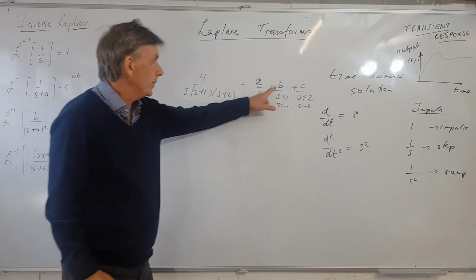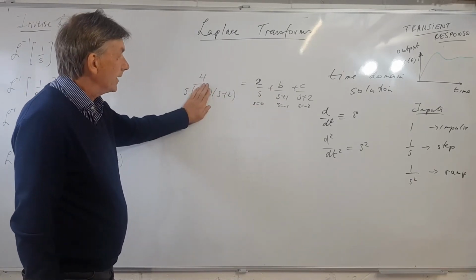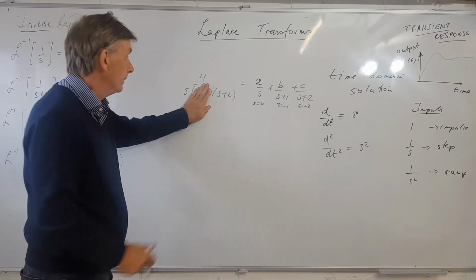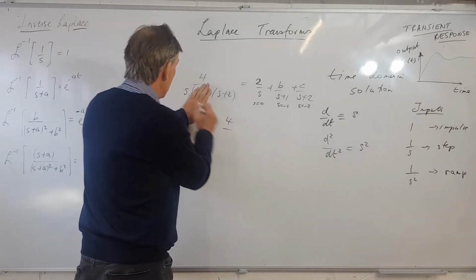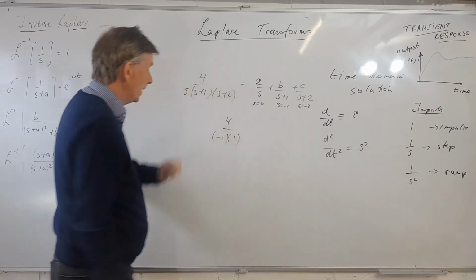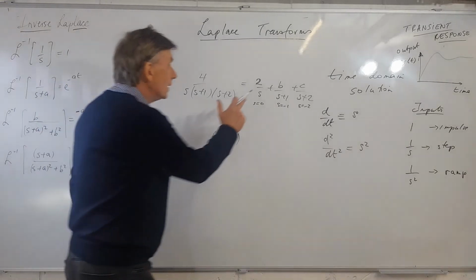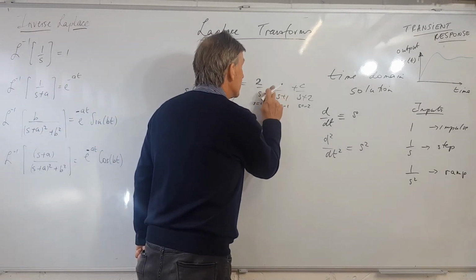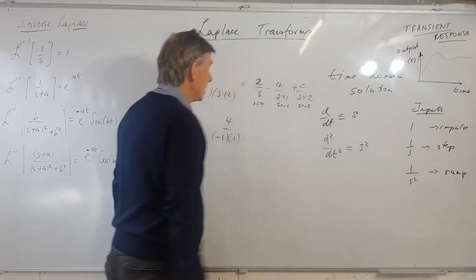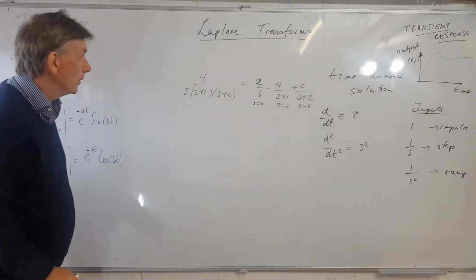To get the b, we cover up the s plus 1, so cover that one up, and now put s as minus 1 in here. So I get 4 over minus 1, then minus 1 and 2 is 1, so that comes out as minus 4. So that's quite nice. It's going to be minus 4. Then, to get the c, we do the same thing.